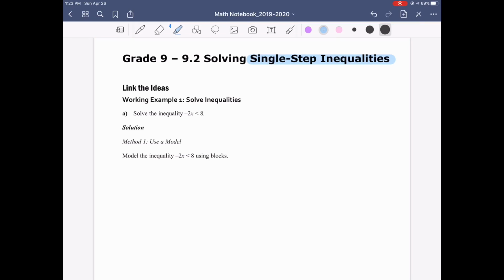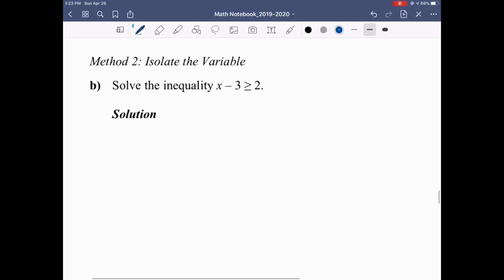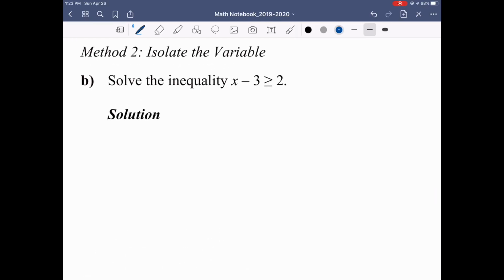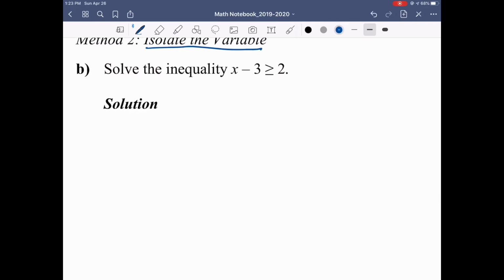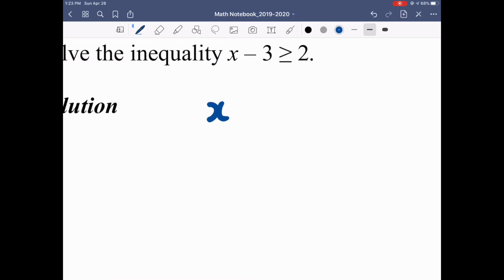I'm actually going to skip example A for a sec. We'll come back to it. So we're going to go straight into part B right here. To solve the inequality, we are going to do it by isolating the variable, which is the same method we used when we were solving equations. So we have x minus 3 is greater than or equal to 2.